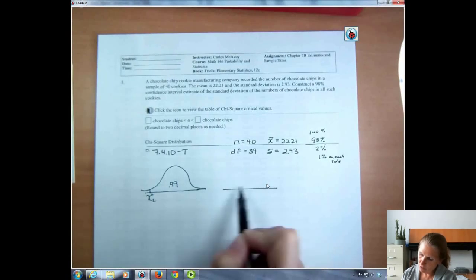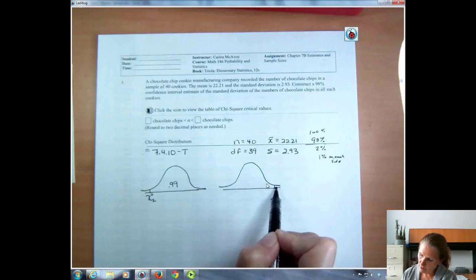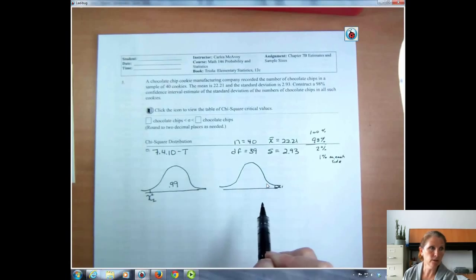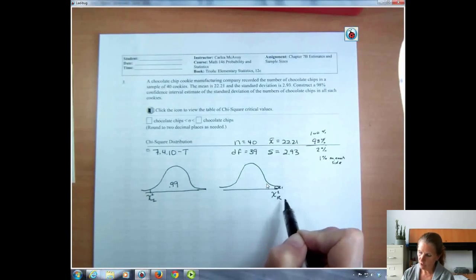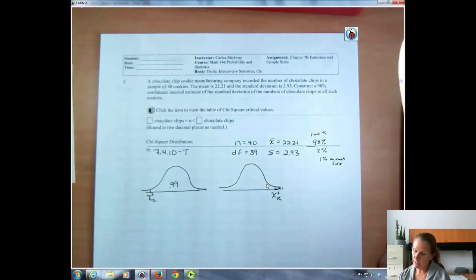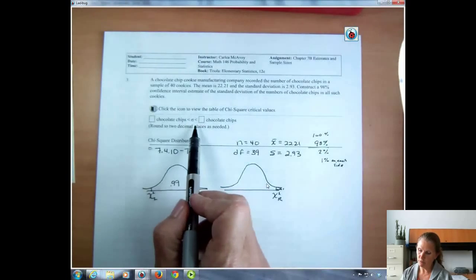And for my other one, I'm looking at the 0.01 to the right of that for my chi-squared right. Now I want to go find those two values and use them to make my interval.